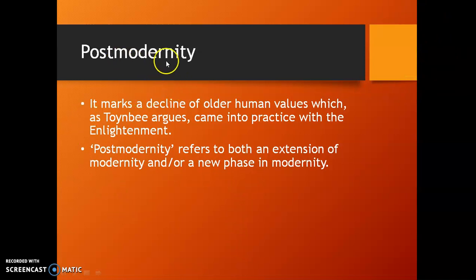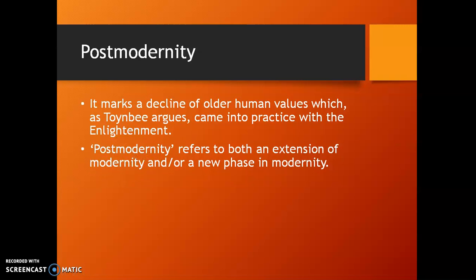Now, postmodernity marks a decline of older human values, which, as Toynbee would argue, came into practice with the Enlightenment. And the term postmodernity refers to both an extension of modernity and/or a new phase in modernity. So this is remarkable. Postmodernity doesn't refer to the end of modernity.